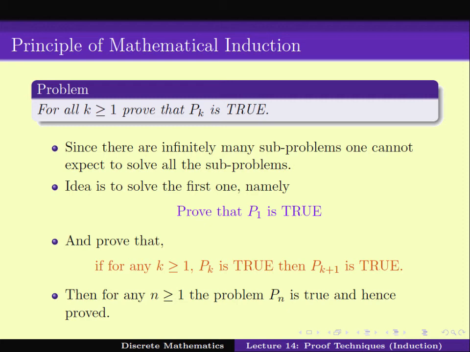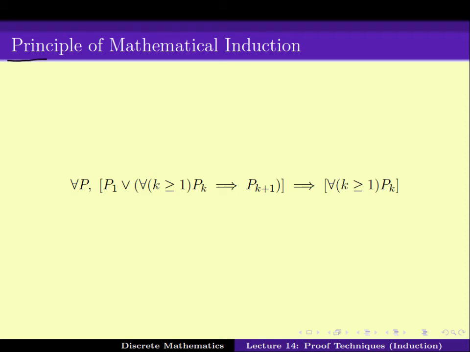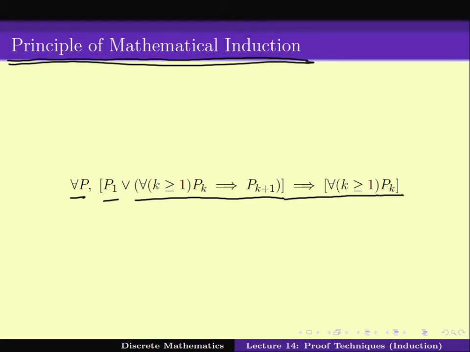So usually what we do is that we call this the principle of mathematical induction. It's an axiom in math which says that for any predicate, for any problem, if I can first prove P1 and then for all k, if I can prove pk implies pk plus 1, then this implies that for all k I have proved pk.